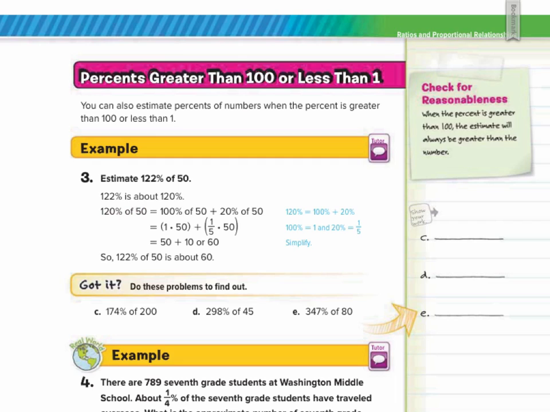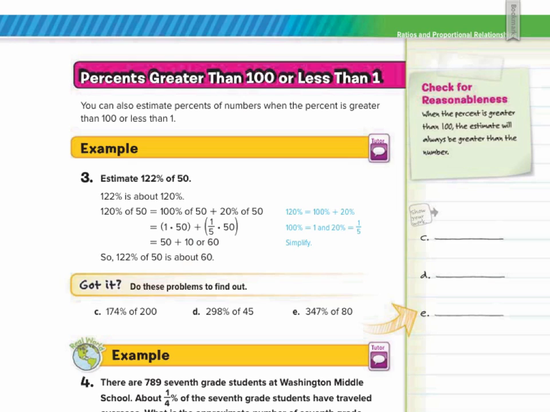Think that 120 is 100 plus 20. Well, 100% of 50 is easy. That's just 50. And then what we're really looking for now is 20% of 50, and they solved that to be 10. And so 100% was 50, 20% was 10, and so 120% is about 60.